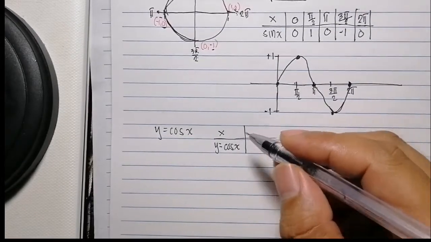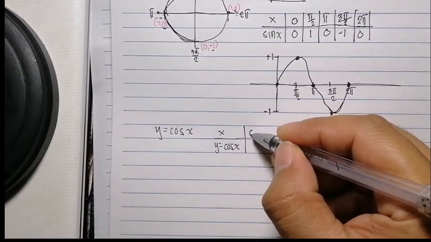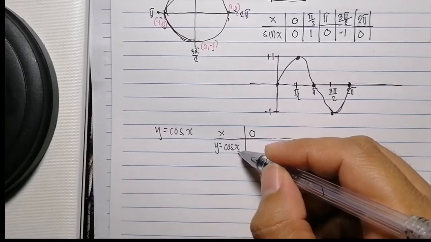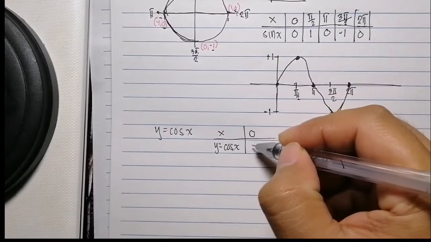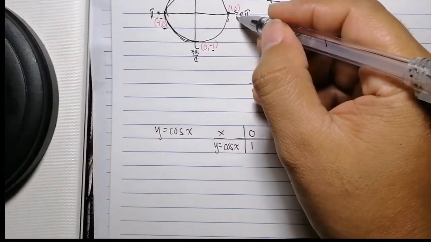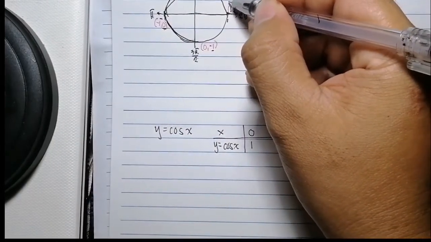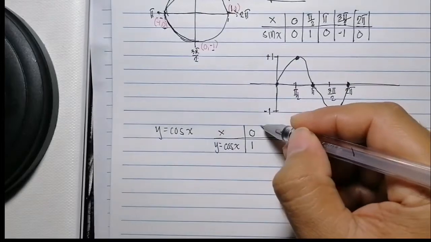So if x is equal to 0, then your cosine x is equal to 1, right? If x is equal to 0, then your cosine x is equal to 1.